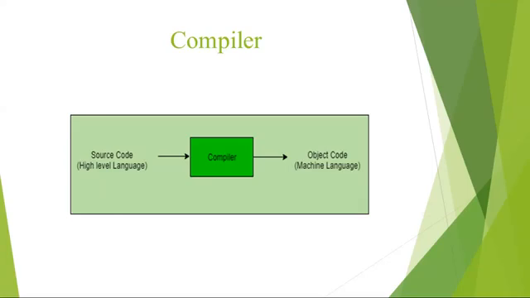Source code is basically the high level language program that needs to be converted into a machine language program so that the computer can execute it directly, because the language of the computer is machine language, the binary language in which the computer works. The computer can't work on high level language, so compilers work as an intermediate between them to convert the source code into object code.